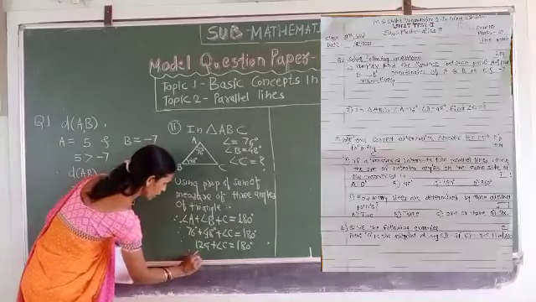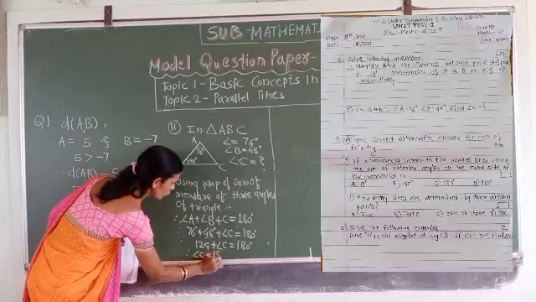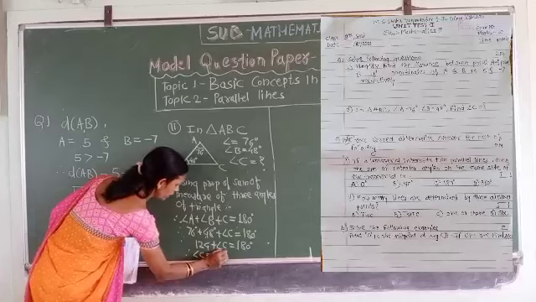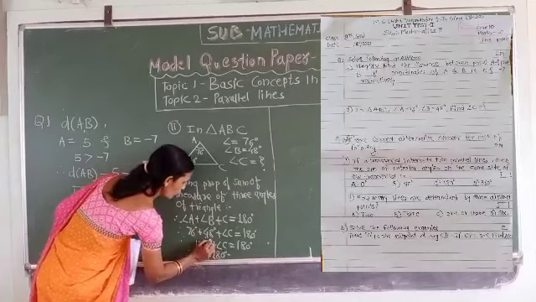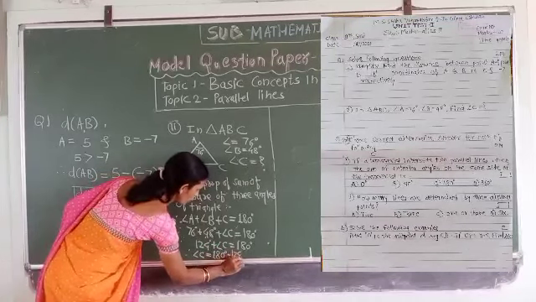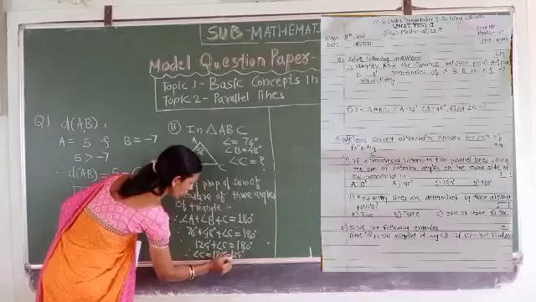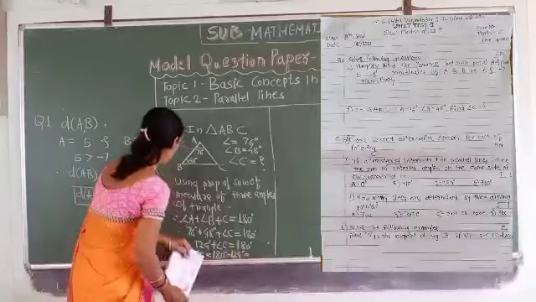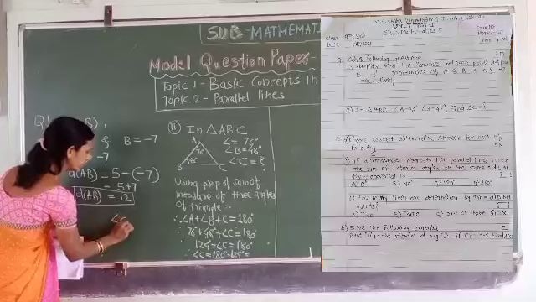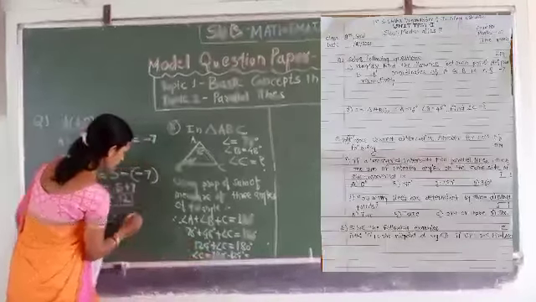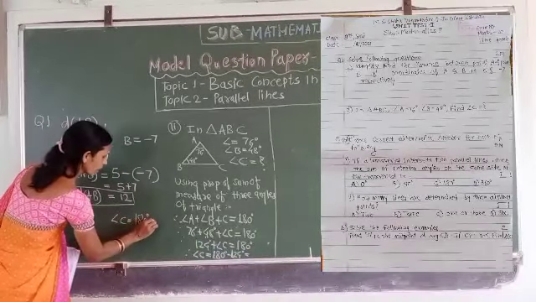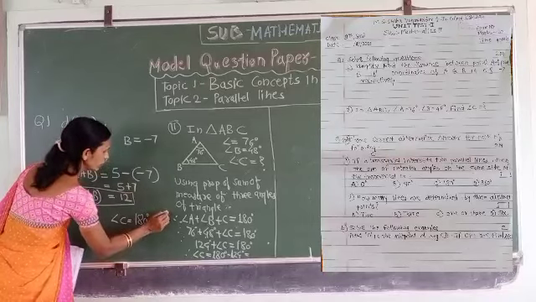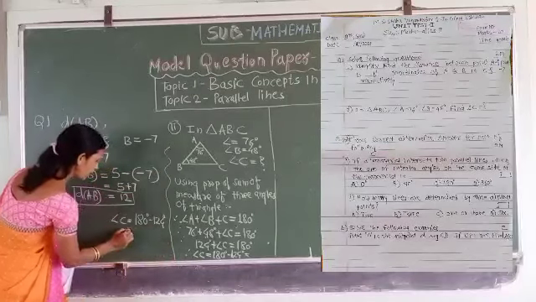Therefore, angle C is equal to 180 degrees minus 124 degrees.